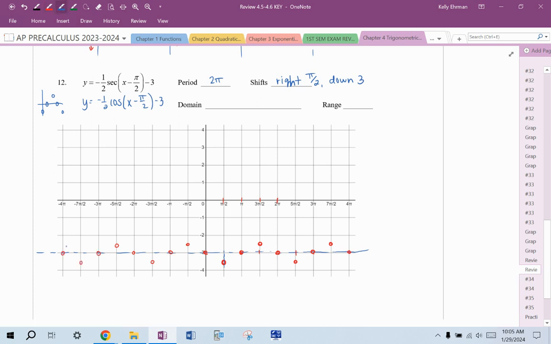Put in vertical asymptotes anywhere the cosine graph hits its midline, because that is where, if you plug in those angles and you do cosine of that angle minus pi over 2, you get 0. And then when you take the reciprocal of 0 around the unit circle, you get undefined. So that's why we have all these vertical asymptotes.